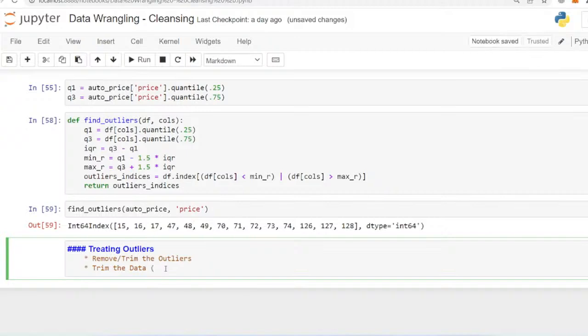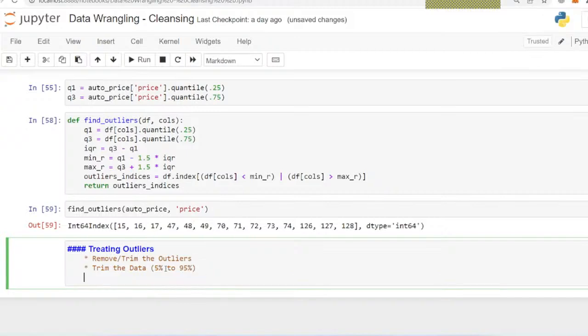You can also say that you will take between the 5th percentile and the 95th percentile. You are just taking the sample data that falls under this region. You are not taking the data beyond this. That could be one thing.